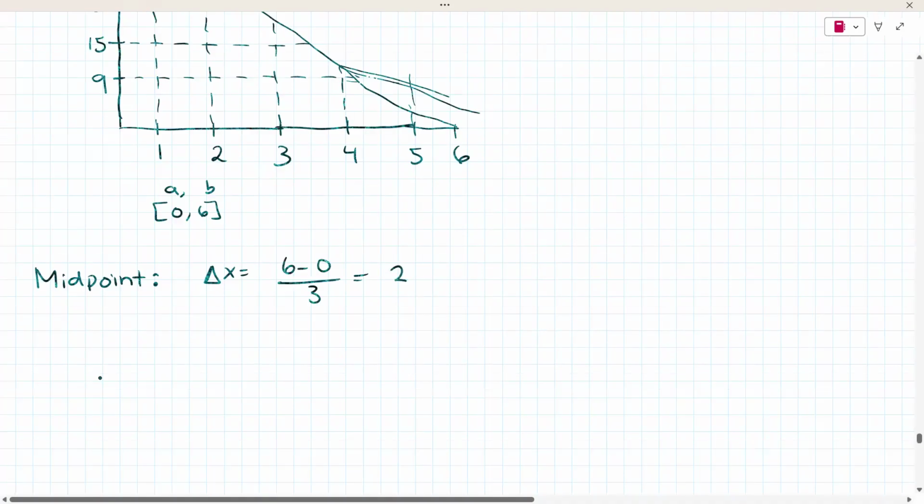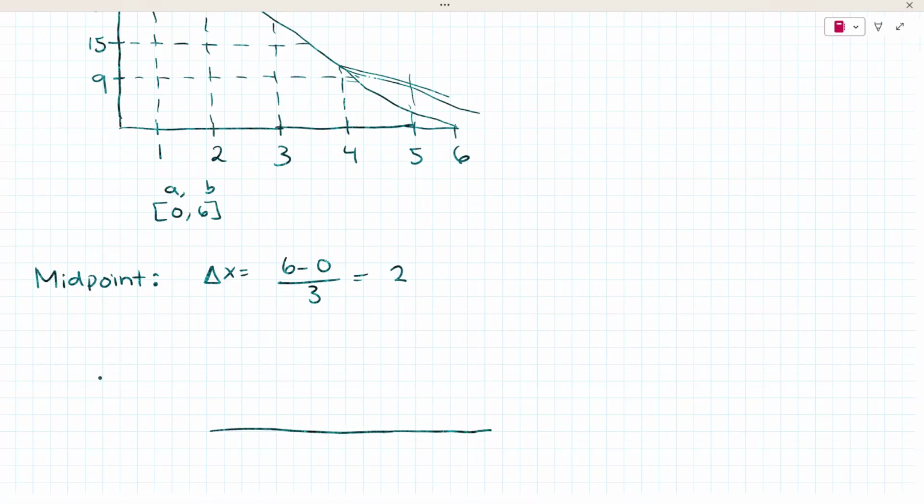So what we're doing, if you look at our rectangles, here's 0, 1, 2, 3, 4, 5, 6.